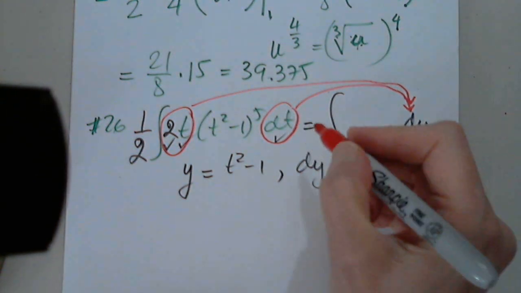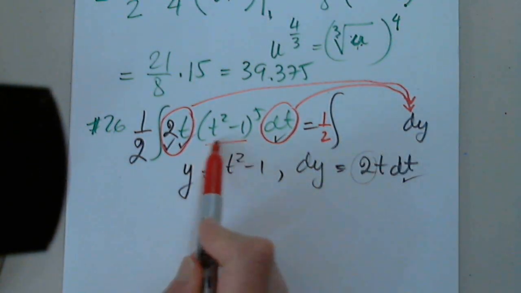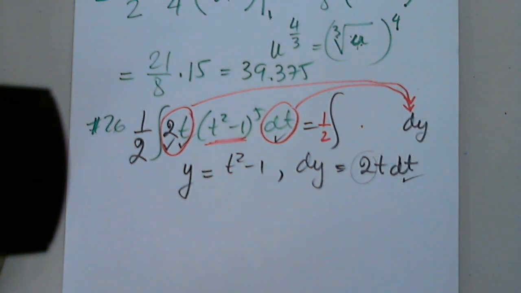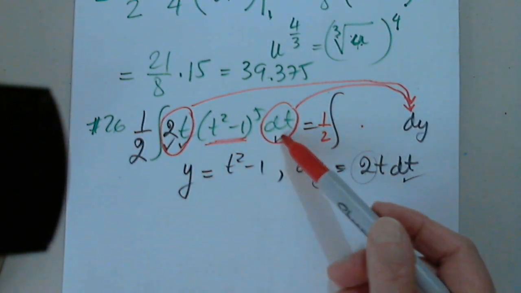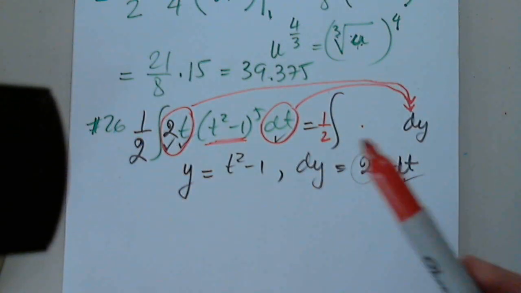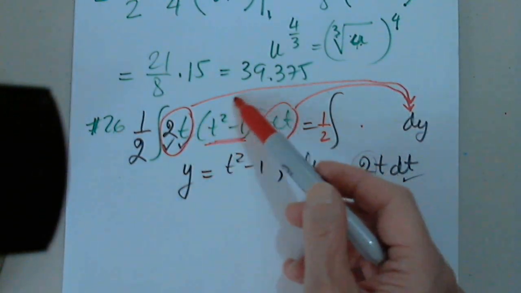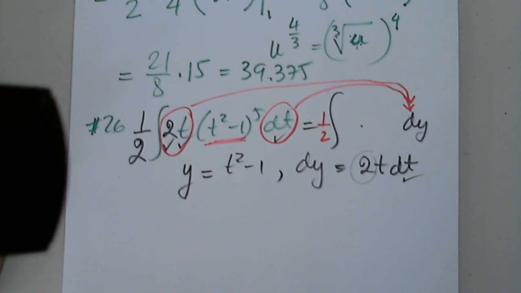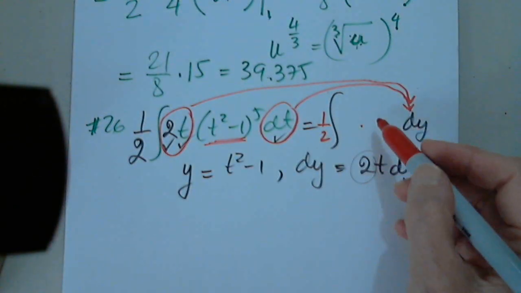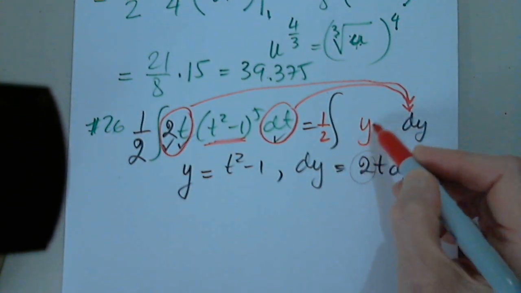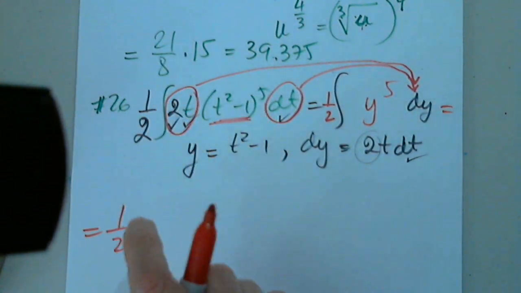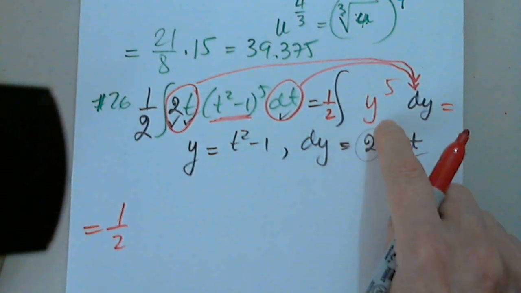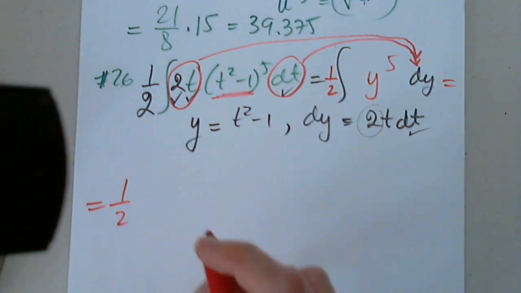The 1/2 stays outside. And now I need to replace this and put it here. Everything else is accounted for. 1/2, 2 and t and dt, 2t dt are accounted for. I only need to replace this by what it equals to: y to the 5th. That's it. 1/2 in front. Now we are integrating. Which function prime is y to the 5th?